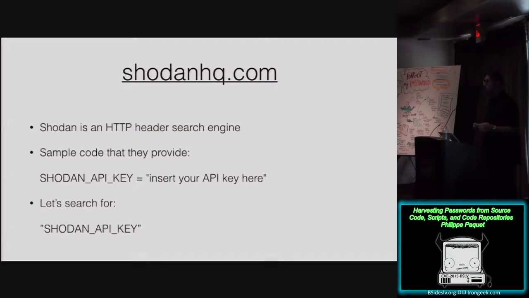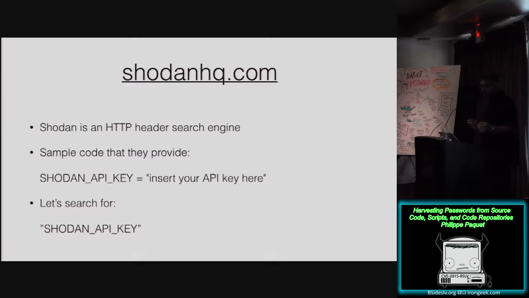Shodan HQ. Shodan is an interesting example because it's a tool really geared towards the security community. It's a search engine that allows you to search in HTTP headers. That allows you to find and identify devices on the internet. If you want to search for a specific brand of router, you can use Shodan for that. Because it's geared towards the security community, you would expect the results to be a lot better.